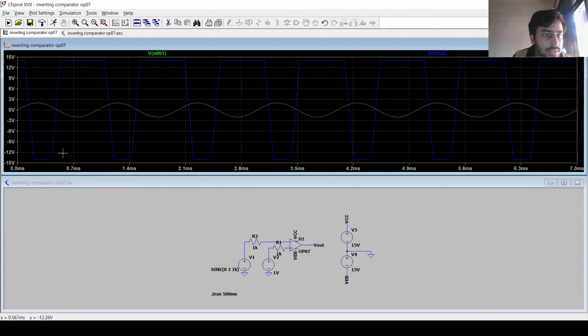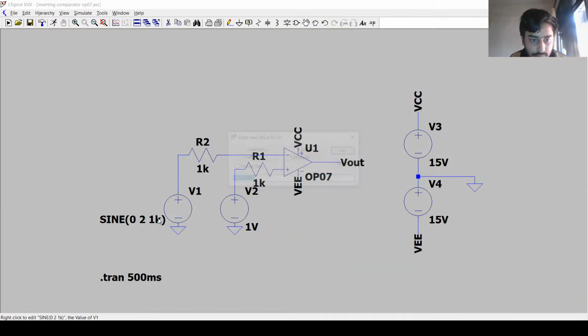So as you can see, the output has started getting distorted when the frequency is increased. So instead of the perfect square wave, it has somehow become a distorted square wave. Now let's check for the 10 kilohertz frequency.